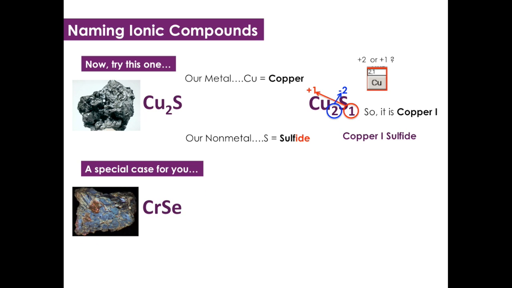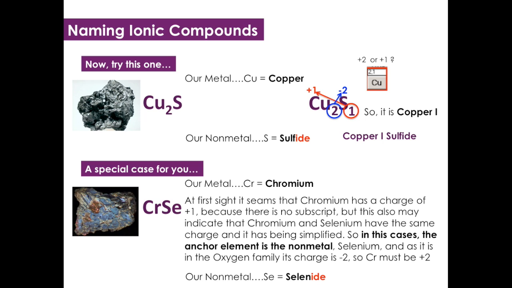A special case for you. Our metal, Cr, is chromium, and the non-metal, Se, is selenium, in this case selenide. At first sight, it seems that chromium has a charge of positive 1 because there is no subscript, but this also may indicate that chromium and selenium have the same charge, and it has been simplified.